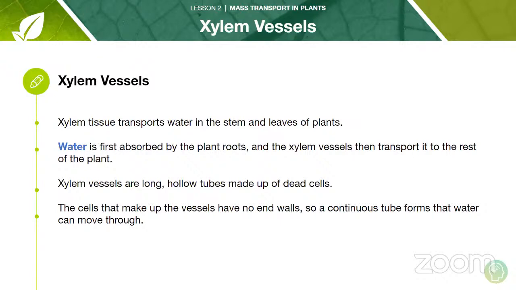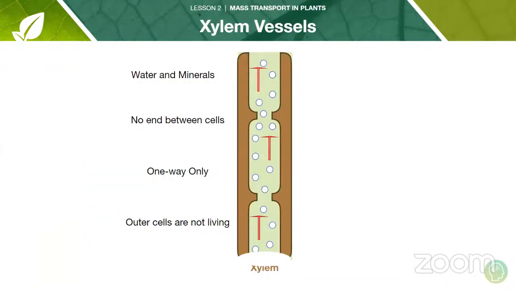So xylem is usually long, hollow tubes made up of dead cells. The cells that make up the vessels have no end walls, so this is a continuous tube that water can travel through. You can see here that there is only one-way flow. There's no end walls, one way only, and the outer cells are not living.